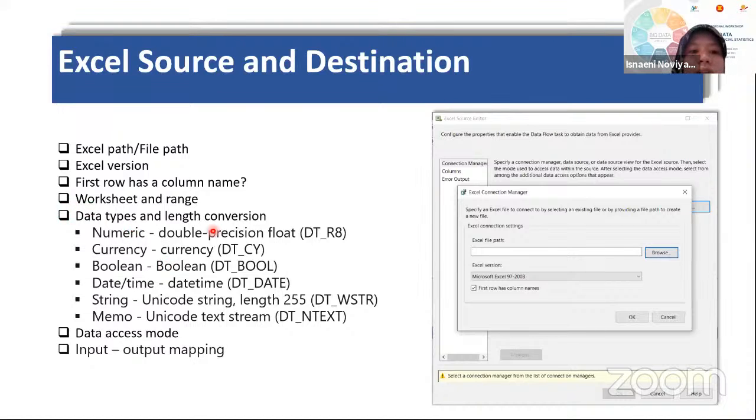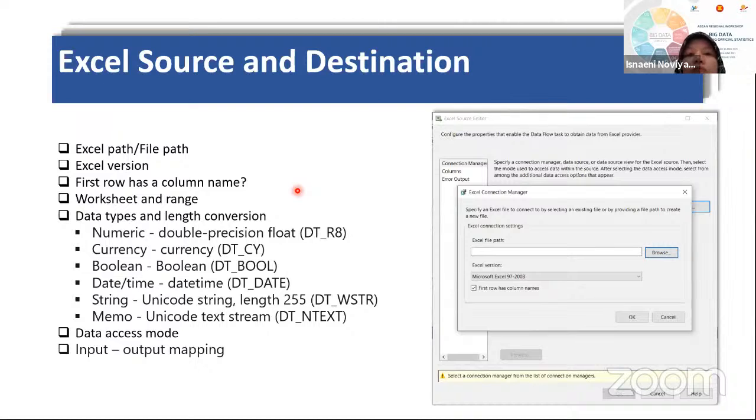And data types and length conversion, because in Excel, usually there is already a default data type and length. For example, for text, the column type is string and the length is, for example, 255. So you have to adjust it based on your need.